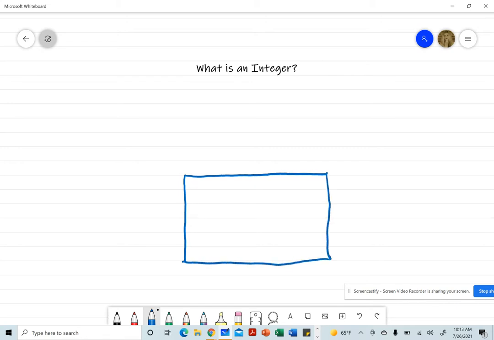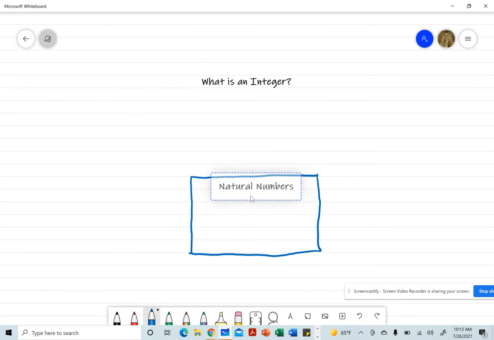It could be a circle, it could be a triangle, although you might have a hard time writing. But the first box is going to be what we call a natural number. So our first type of number classification is natural numbers, and they're going to be represented in blue, right?